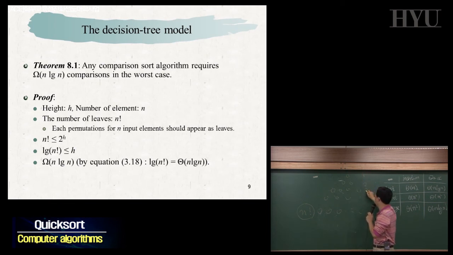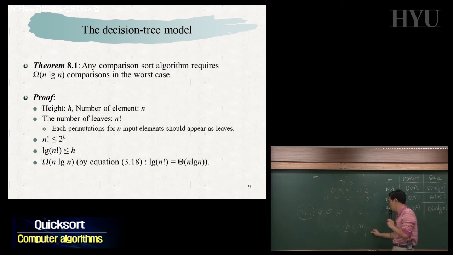1, 2, 4, 8. So the number of leaves of height h is like this. And it should be bigger than n factorial if the tree has n factorial leaves. Or, more exactly, let's find the height h where the tree has n factorial leaves.